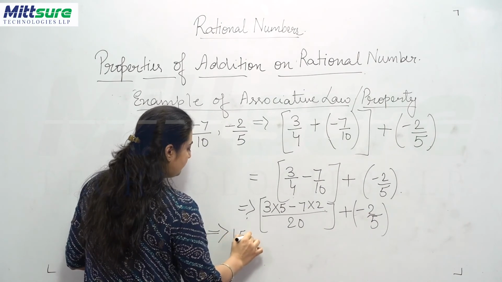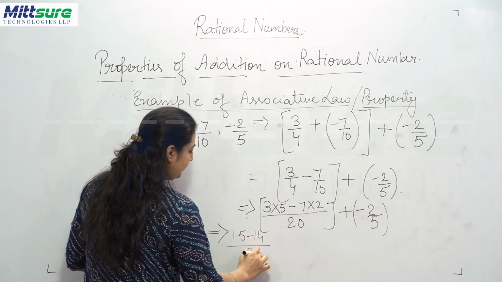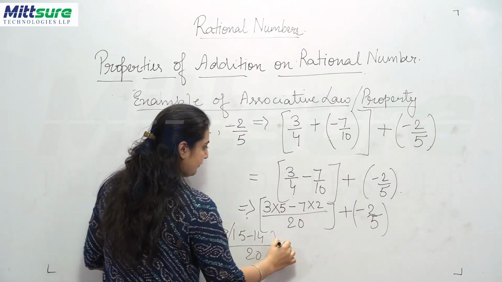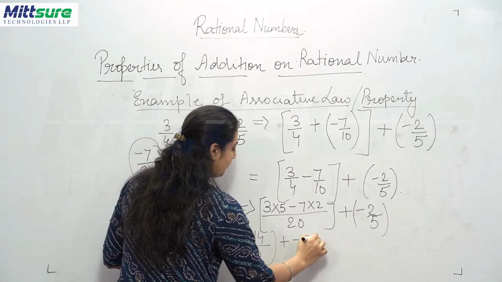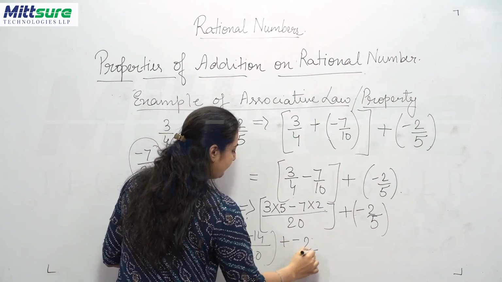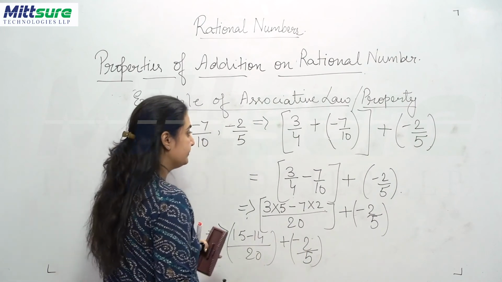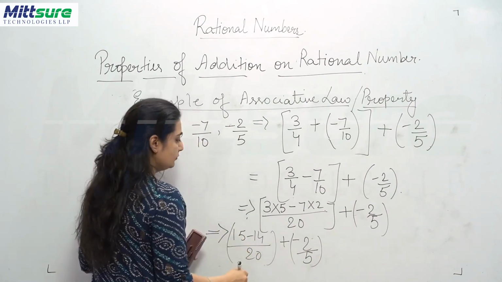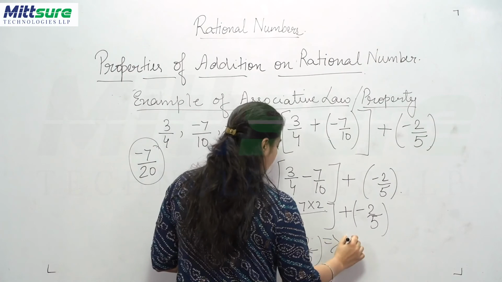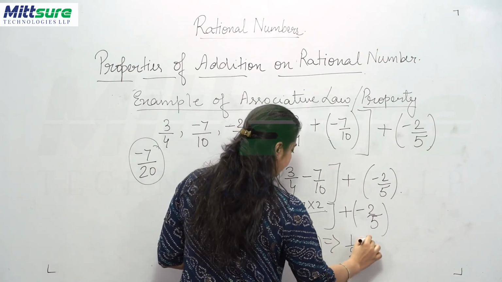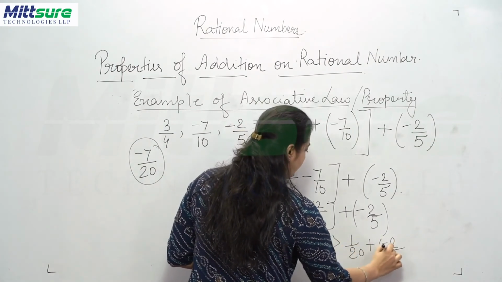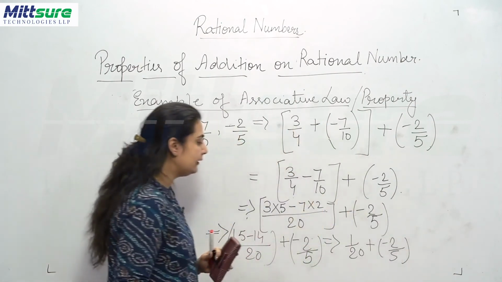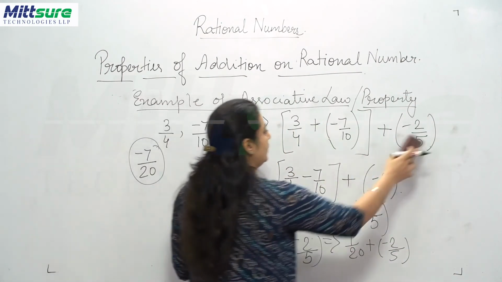So 15 minus 14 upon 20 plus minus 2 upon 5. Okay. Now it becomes 1 upon 20 plus minus 2 upon 5. Clear? Now we are going to solve.